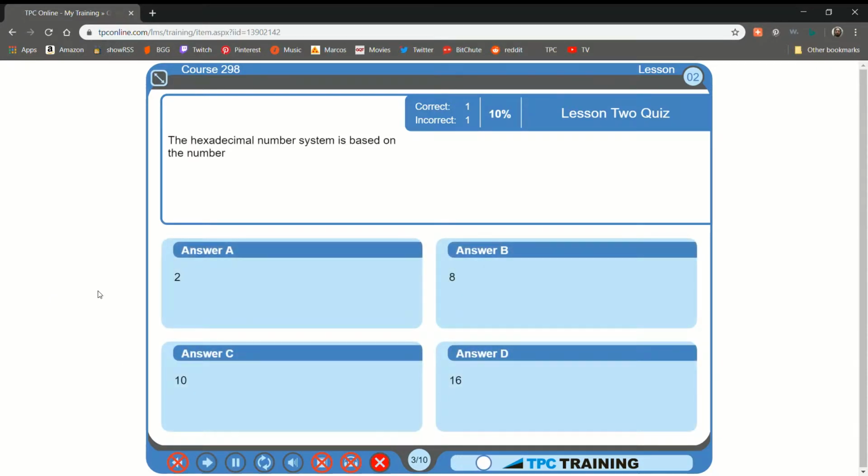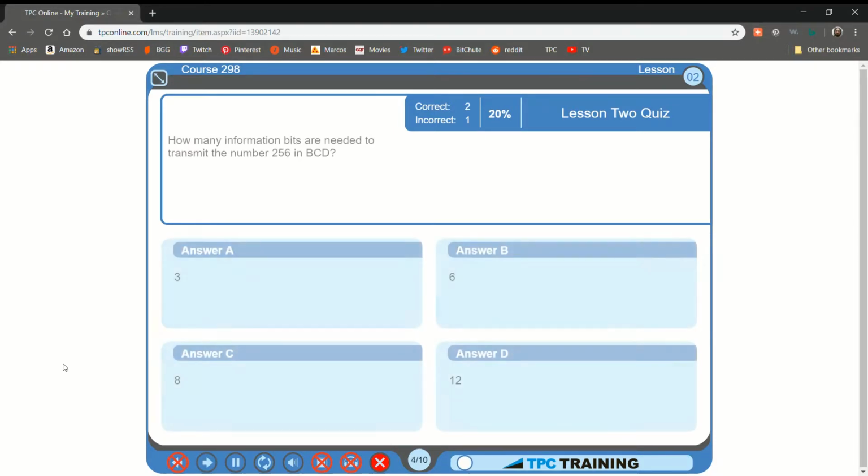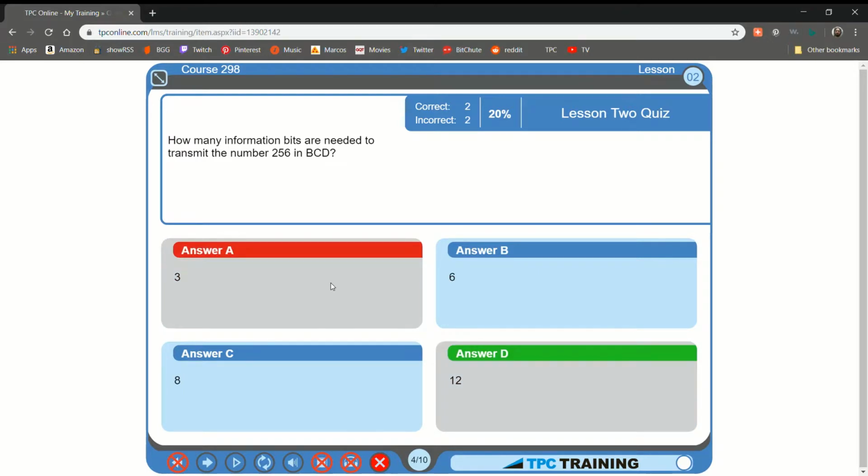The hexadecimal number system is based on the number A, 2, B, 8, C. That is correct. How many information bits are needed to transmit the number 256 in BCD? A, 3, B, 6, C, 8, D, 12. That is incorrect.